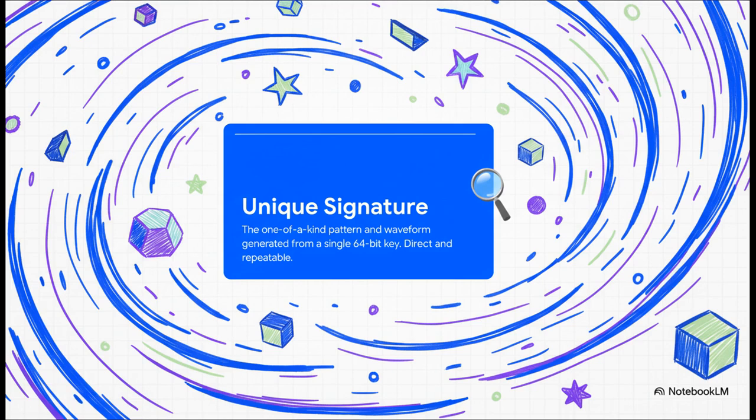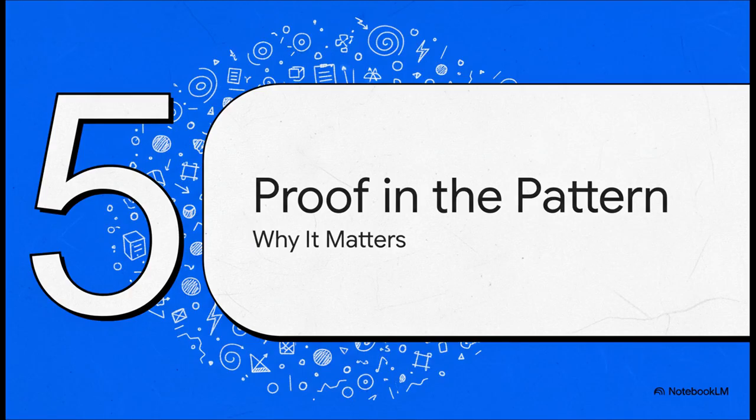This unique signature is the specific pattern that's generated from one and only one key. And because it's a direct result of that input, it's 100% repeatable. You could plug in the same key 1,000 times, and guess what? You're going to get the exact same signature 1,000 times. No variation. Ever.